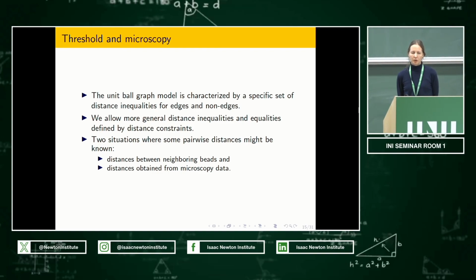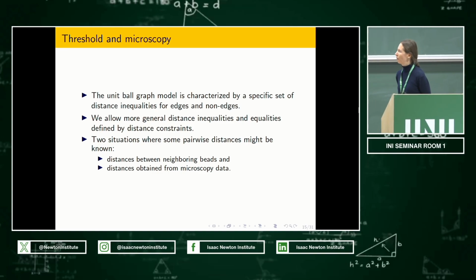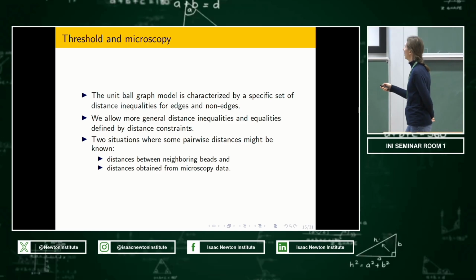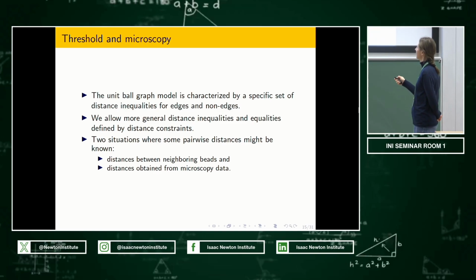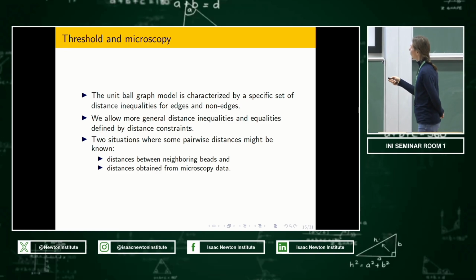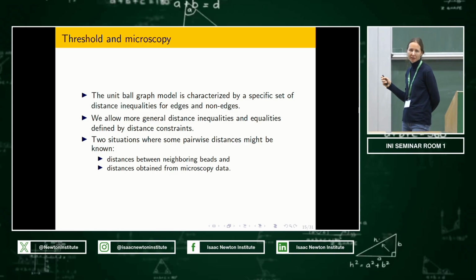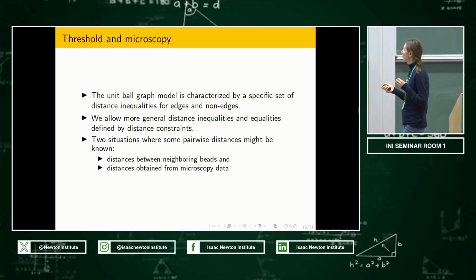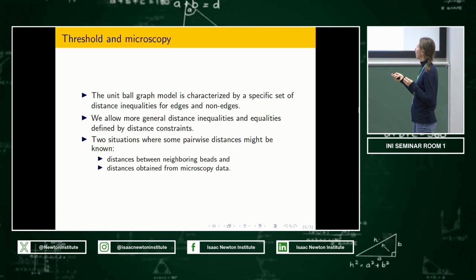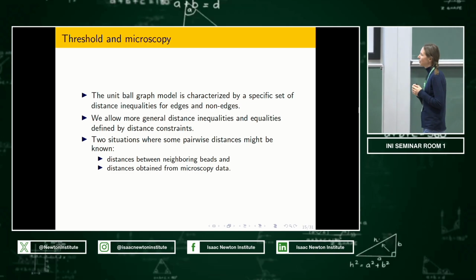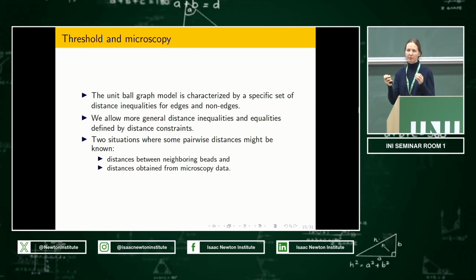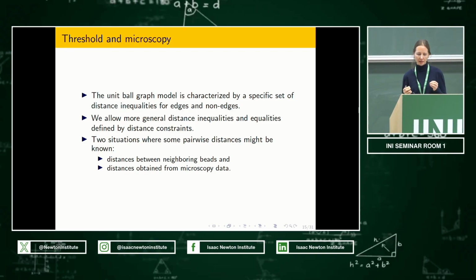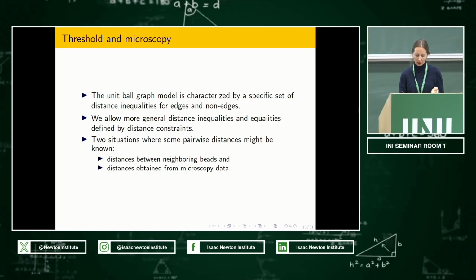And two situations where this setting might happen is first when we can estimate the distances between neighboring beads. I've talked to Caroline Uhler, who says this is a reasonable assumption. And the other thing is there is more and more imaging data available, and then estimating certain distances using imaging data.